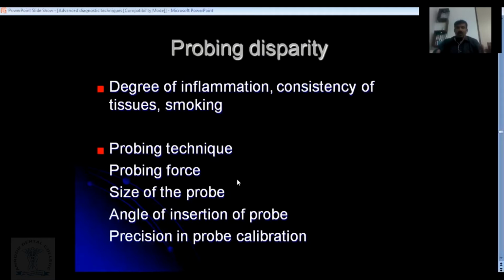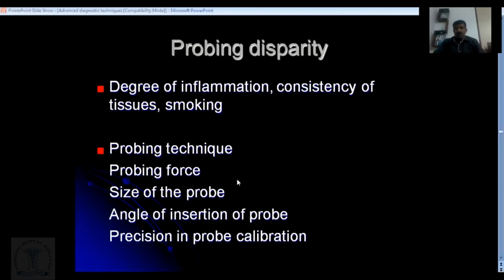Now, in relation to a single tooth, in different aspects, you may have different amounts of bone loss. Suppose you're taking a mandibular molar in the fourth quadrant, mandibular 4-6. You probe easily in relation to 4-6, and you get a probing depth of probably about 7 millimeter.